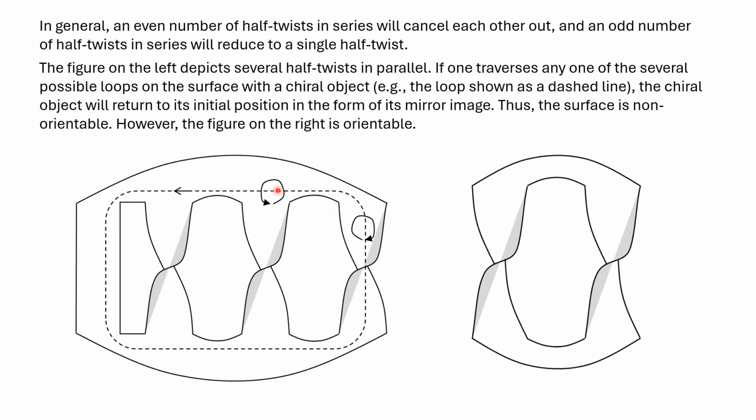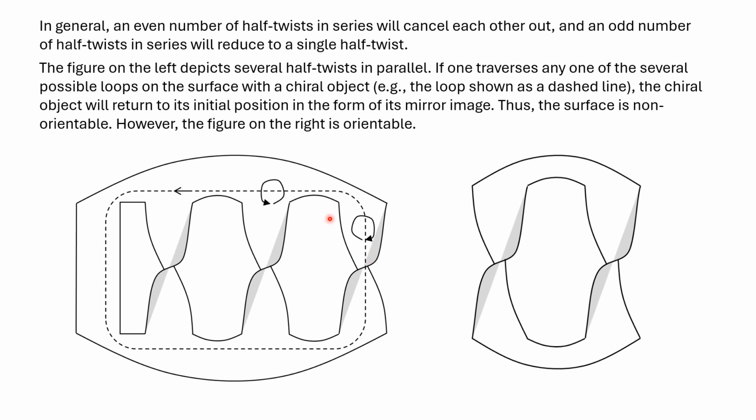If we go about the path here shown with the dashed line, we start with it going clockwise, still going clockwise, of course, here. And then as we're getting back to where we started, we're going to get that one twist, and it's going to make it counterclockwise.